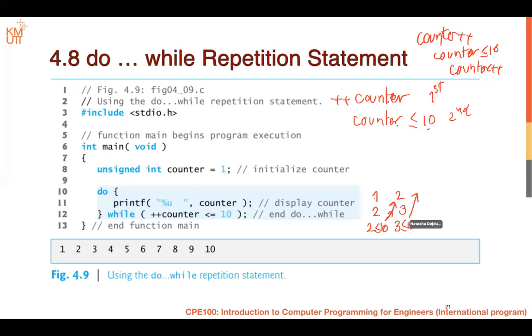So then print out 3, counter becomes 4, 4 less than or equal to 10. Okay, until 9. Print 9, and then counter becomes 10. Check whether 10 is less than or equal to 10 or not. Yes, then print 10. Print 10, and then the counter becomes 11. Is 11 less than or equal to 10 or not? No. Then end.